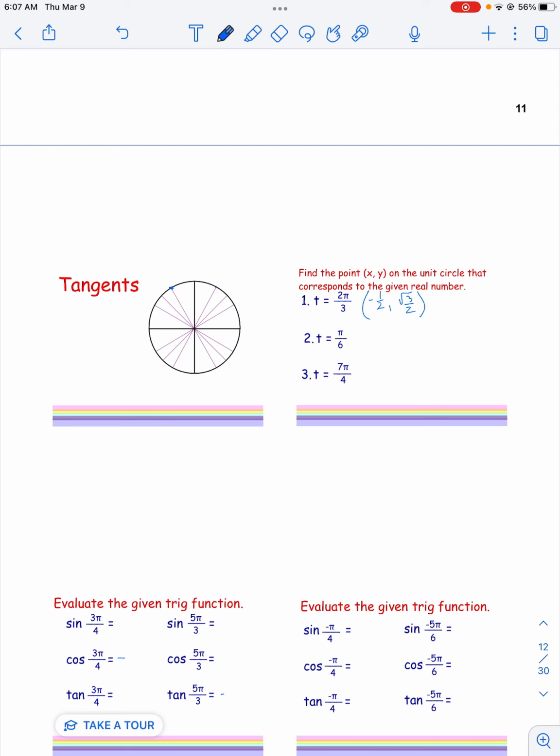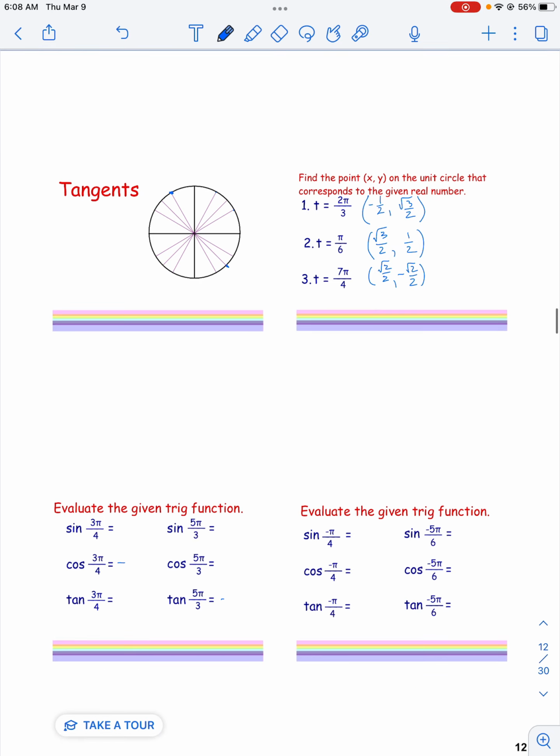Pi over 6, right here in quadrant 1, that's my 30-degree angle, that is square root of 3 over 2, comma, positive 1/2. And 7 pi over 4, that's down here in quadrant 4, and that is a 45-degree reference angle, and that is the square root of 2 over 2, comma, negative square root of 2 over 2.